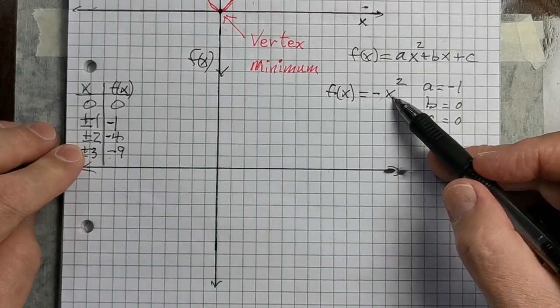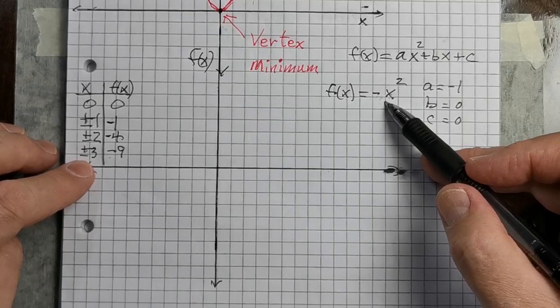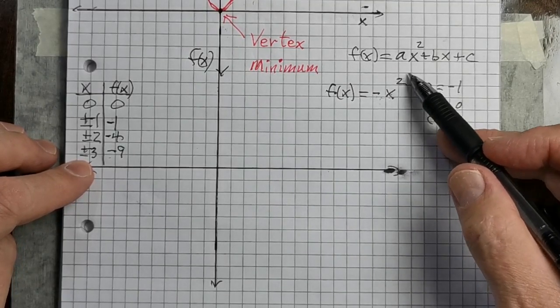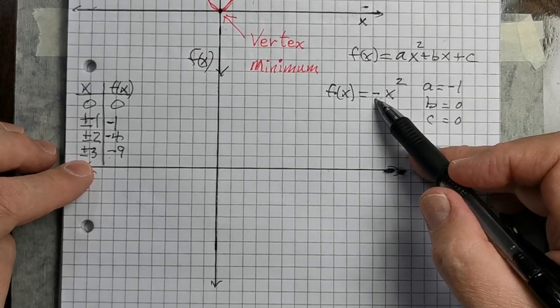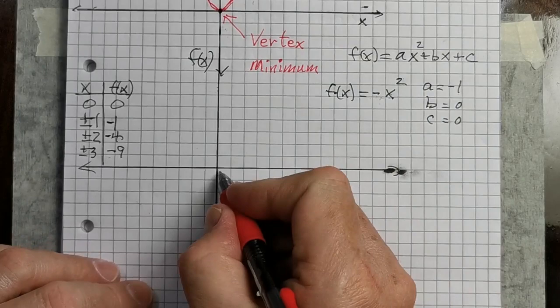Plus or minus 2, what's 2 squared? 4. But then you have the minus sign in front to make it -4. Plus or minus 3, put in 3 squared or -3 squared. It's 9, just the same either way, but you have the minus in front to make it -9. So in this case, start graphing.